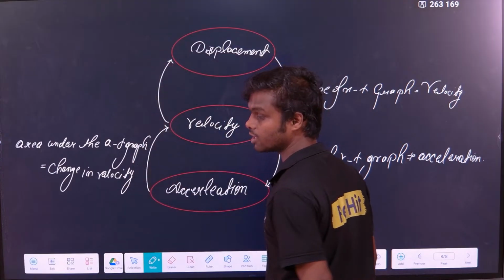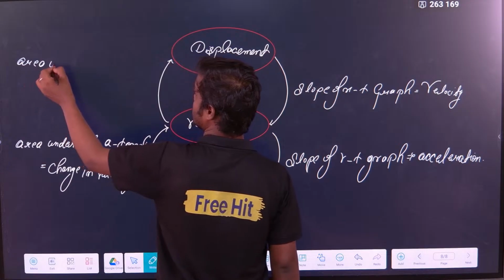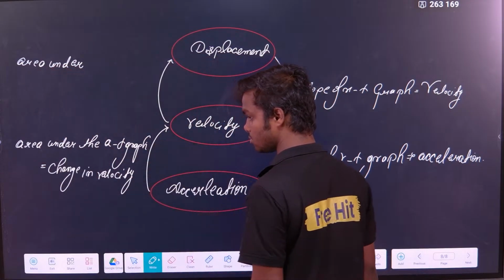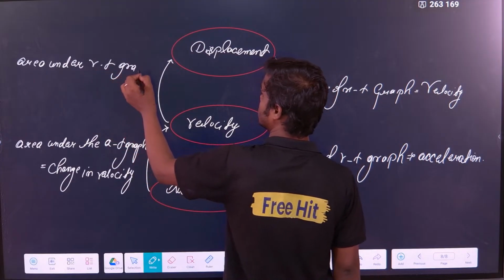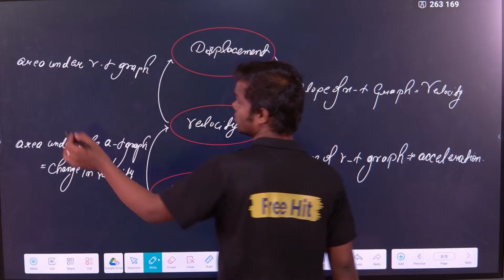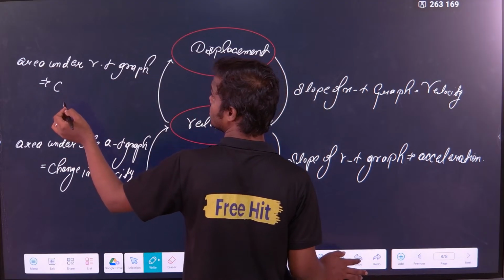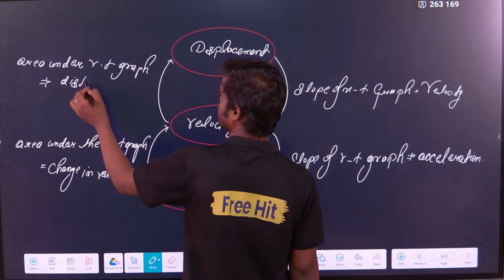And from velocity to displacement, it is defined as the area under the vt graph, that is defined as distance as well as displacement.